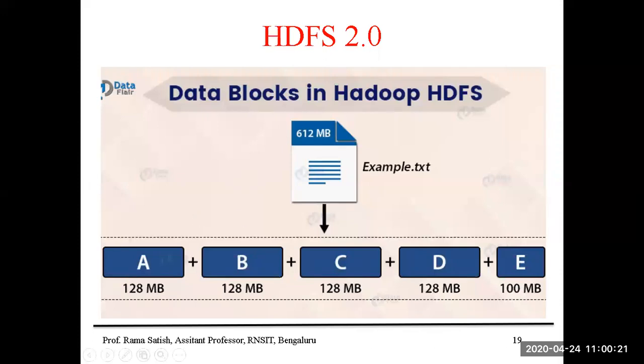So the entire file is divided like this: 1, 2, 3, 4, 5. So 5 different blocks are maintained. One file is divided into 5 different blocks, and these 5 blocks are again replicated. Every block is replicated 3 times by default. This is how it stores.